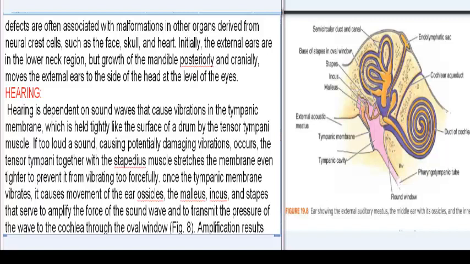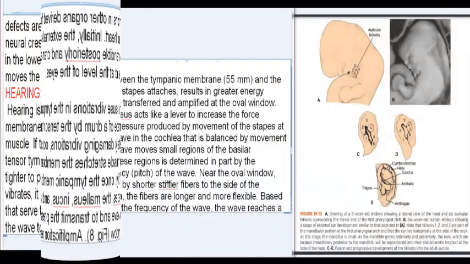Once the tympanic membrane vibrates, it causes movement of the ear ossicles, the malleus, incus, and stapes that serve to amplify the force of the sound wave and to transmit the pressure of the wave to the cochlea through the oval window, Fig. 8. Amplification results from 2 factors. 1.